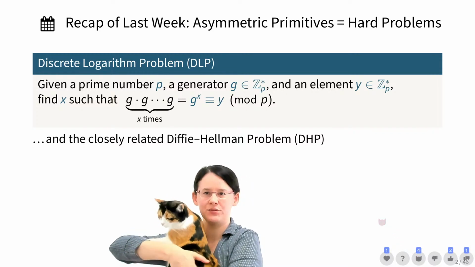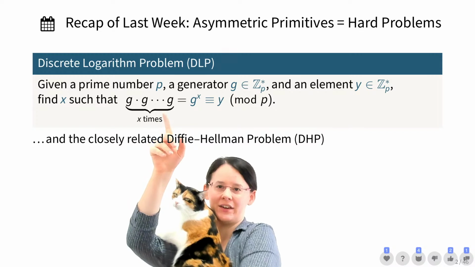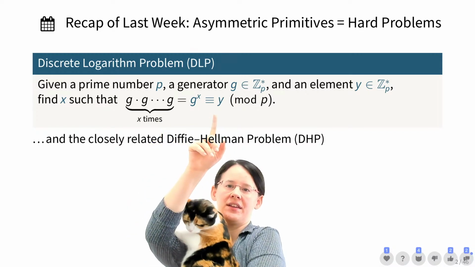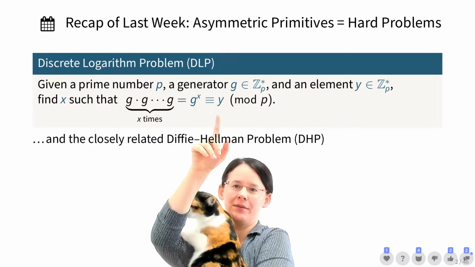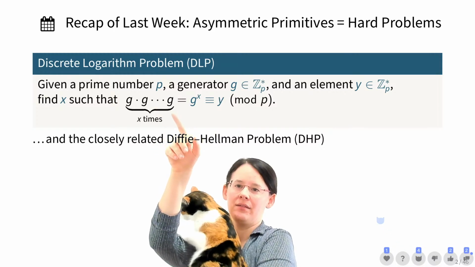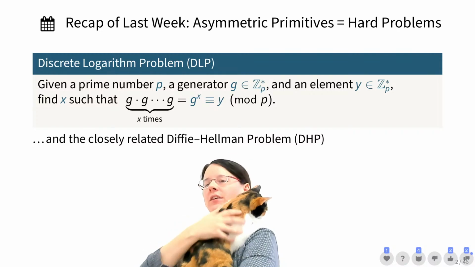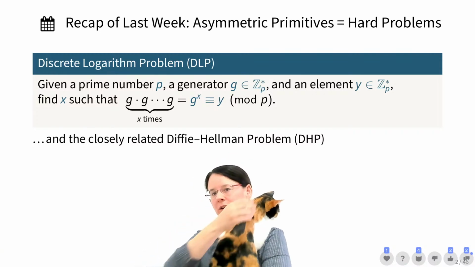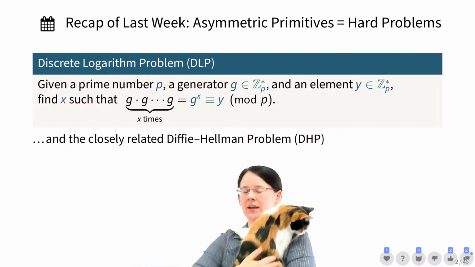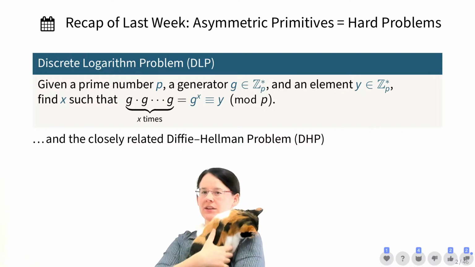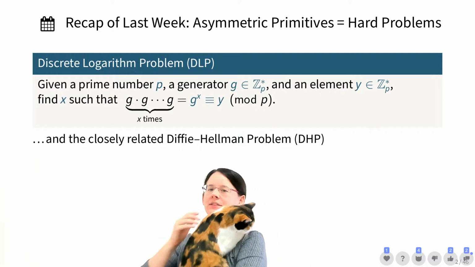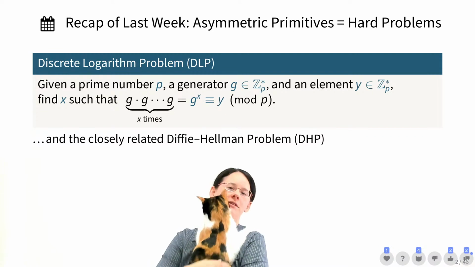This naturally leads to the question: if I have such a generator g which can generate all other numbers y, how do I generate them? How big is x, how often do I need to multiply g with itself in order to generate y when computing modulo p? We said that this problem is very closely related to the Diffie-Hellman problem at the core of the Diffie-Hellman cryptosystem.